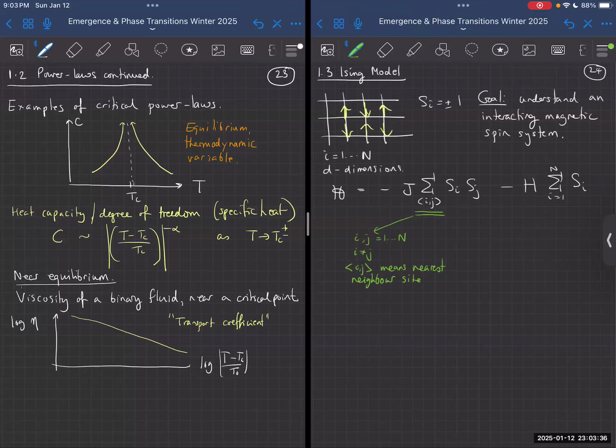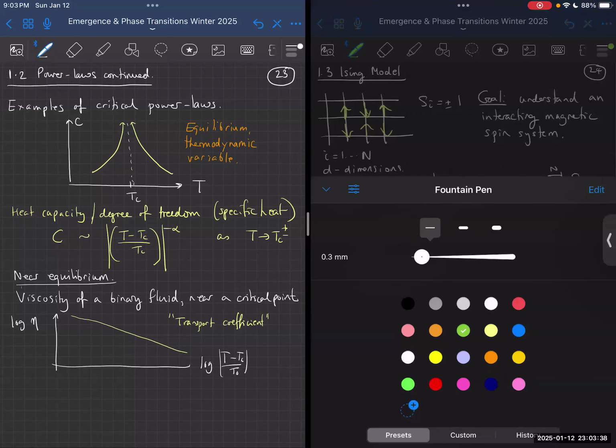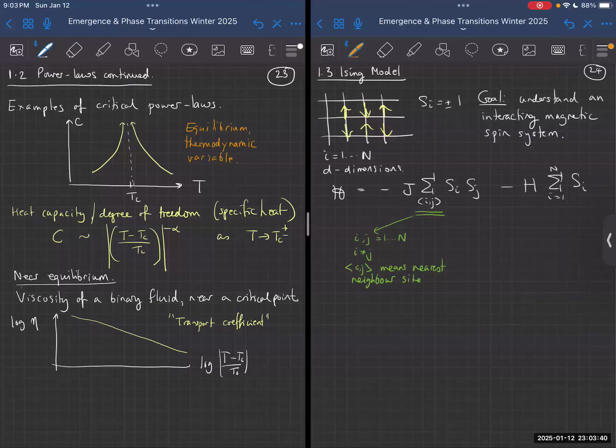So if I look over here, say this site and this site, those sites are nearest neighbors. This site and this site are not nearest neighbors. And so we sum only over nearest neighbors. So the idea then is that the spins have short range interactions between them.